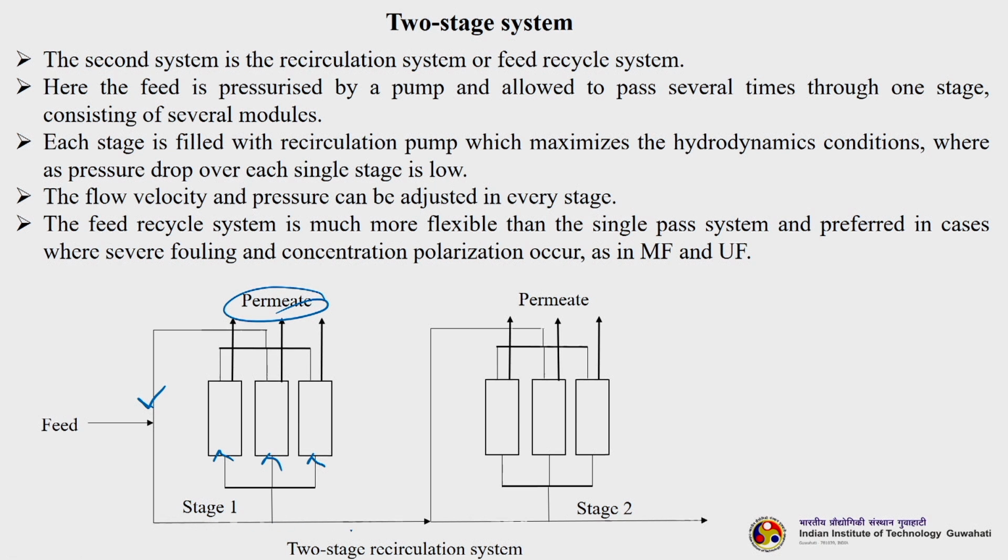Again part of this feed and retentate is circulated to the second stage where it is being fed here, and the retentate is partly again recirculated to the feed of the second stage, and this process goes on. We can gradually have a reducing number of modules or we can have the same number of modules. So, depending upon your requirement, how many stages you require to achieve your targeted separation.